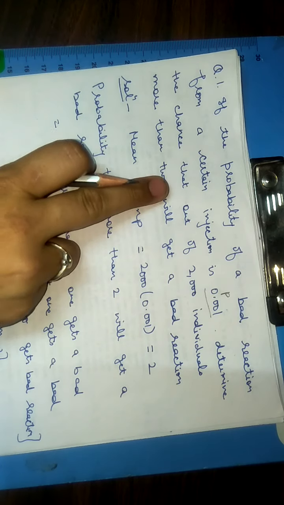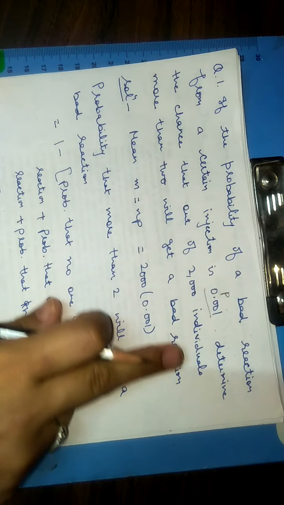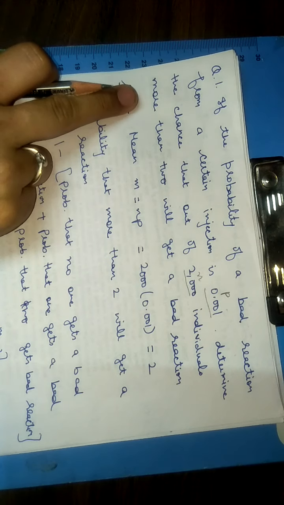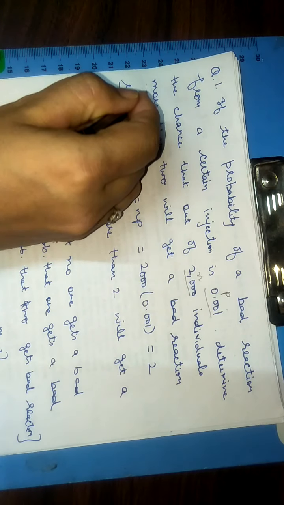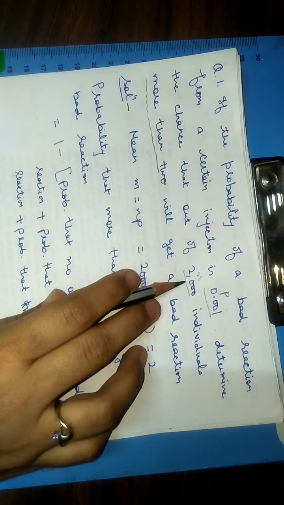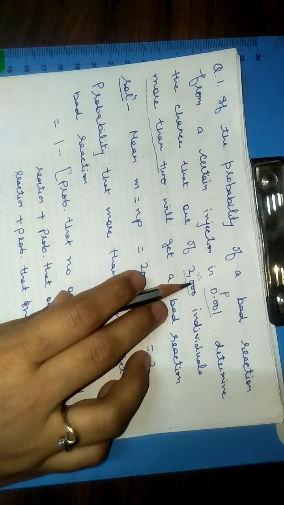Determine the chance that out of 2000 individuals, that means it is given as our number n, more than 2 will get a bad reaction. So here probability is very small and n is very large, so we use the Poisson distribution.